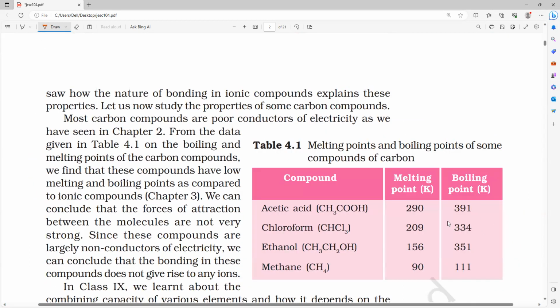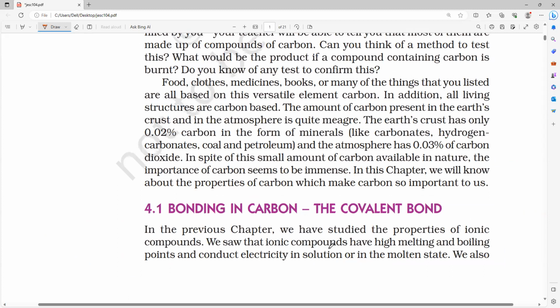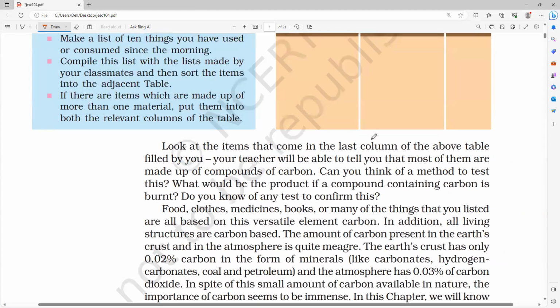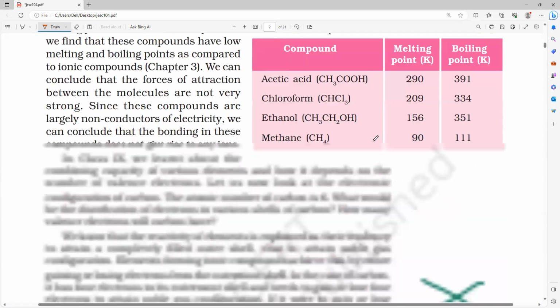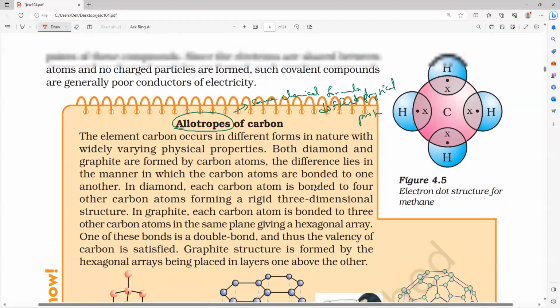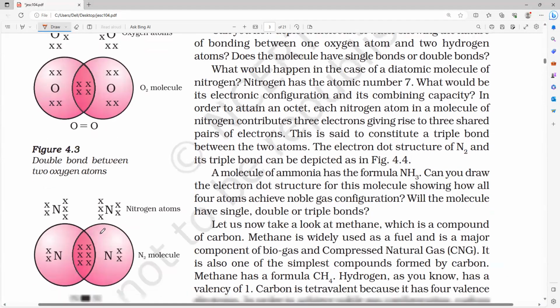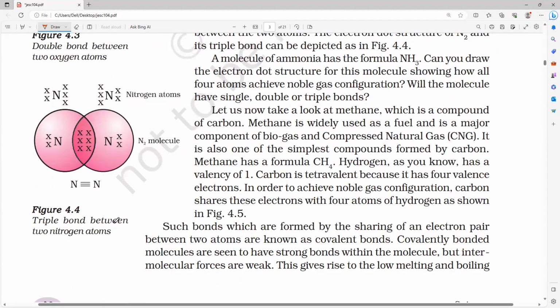So you need not learn this one; we will study that, no problem. But when you are free or traveling, go through every point I have taught you in today's class, except this orange color table. The formation of single bond, double bond, and triple bond I already taught you in the last chapter.